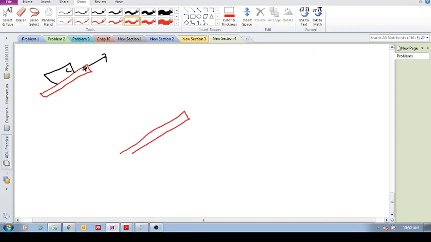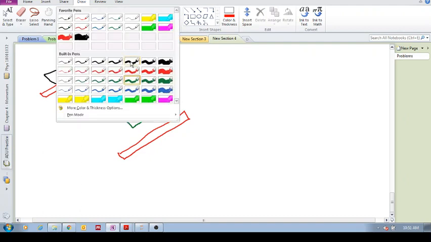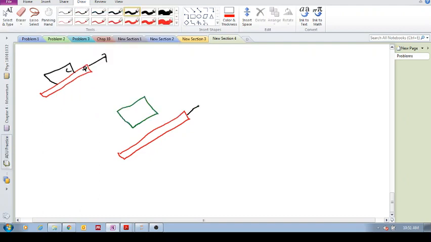There's the pallet and there is the crate. Okay, so let's go and put in the obvious ones. We know that the worker is pulling it up like that. It's a contact force of the worker on the pallet.